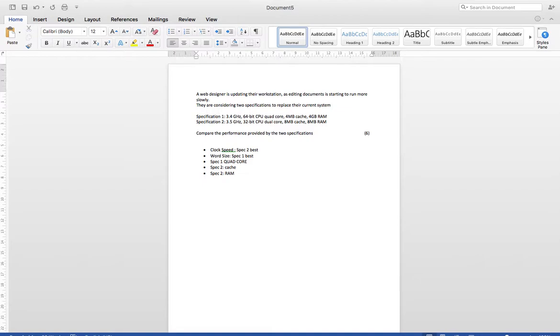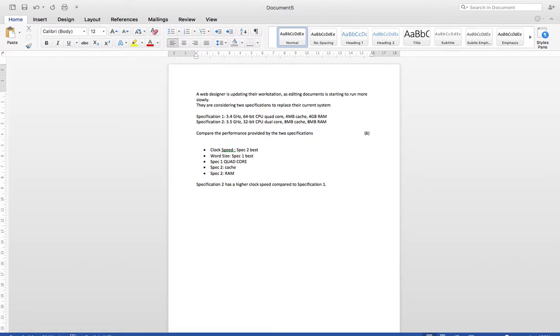So getting down to what would be a really good answer here, I would start off going through each of the points. Specification 2, and I'll fix my spelling because it will annoy me. Specification 2 has a higher clock speed compared to specification 1.